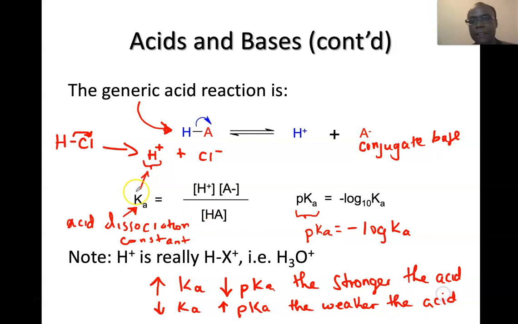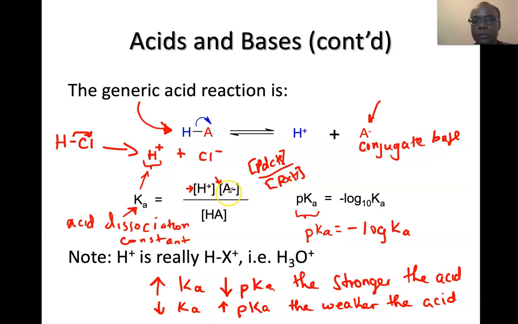Now let's get back to the equation. Whenever you're talking about a dissociation constant, usually you divide the product of the concentrations of your proton and the anion, A minus, A negative. It's just simple. You just divide the concentration of products over the concentration of the reactants.